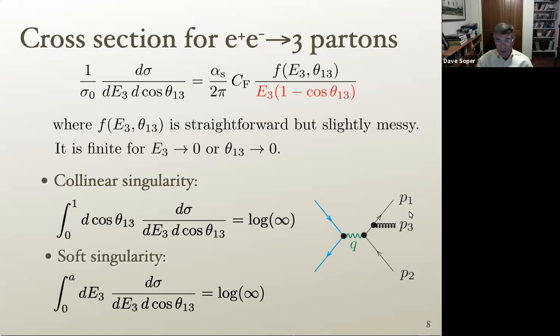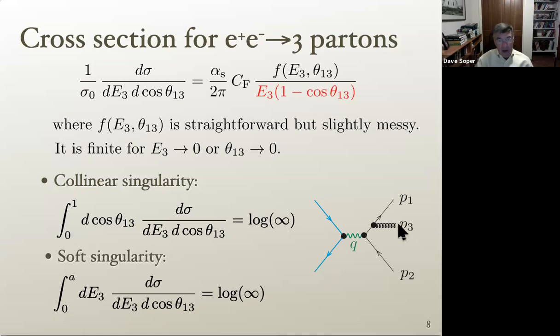Well, this is for 3 partons. So over here I have a virtual photon made by electron-positron, 3 partons coming out, a quark, an anti-quark, and a gluon. And then E3 is the energy of the gluon, and cosine theta 1,3 is the cosine of the angle between the quark and the gluon.